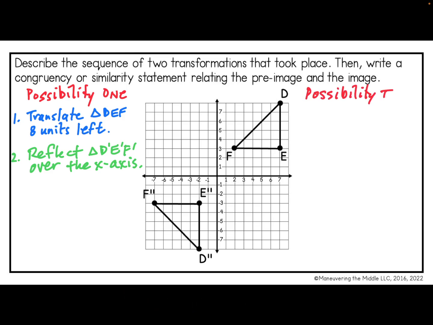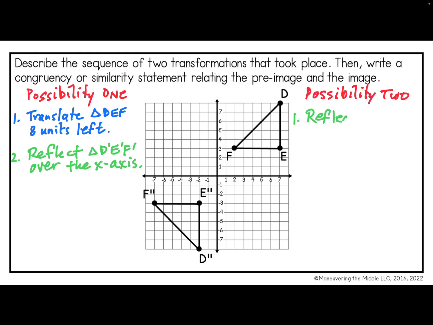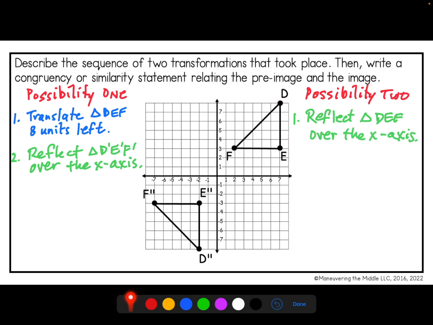So that's one way to do it. Here's another. What if we start with the reflection? We'll reflect triangle DEF over the x-axis. So point D will come down to D prime right here. Point E will come down to E prime right here. And point F will come down to F prime right here. So we will have a little triangle that's upside down here.